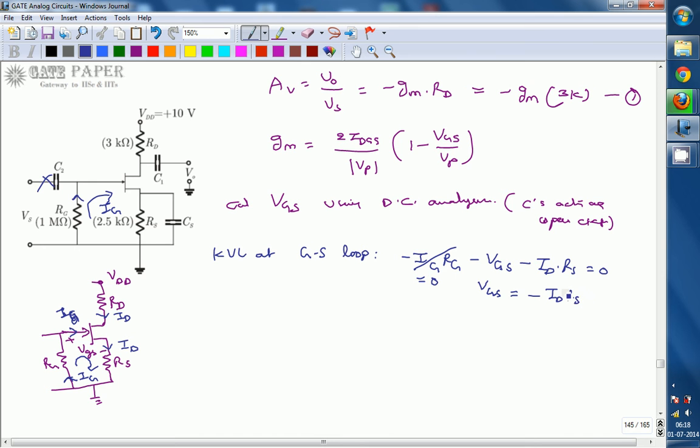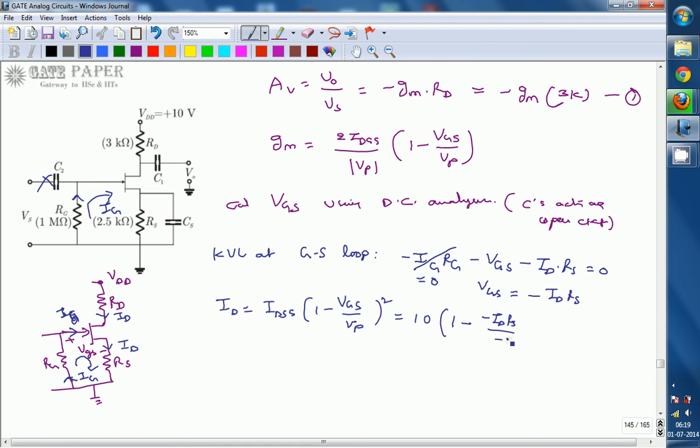And we know the drain current equation, Id is equal to IDSS into 1 minus VGS by Vp, whole square. From this, IDSS is 10 milliamperes multiplied by 1 minus VGS, where VGS is minus Id times Rs, divided by minus 5.